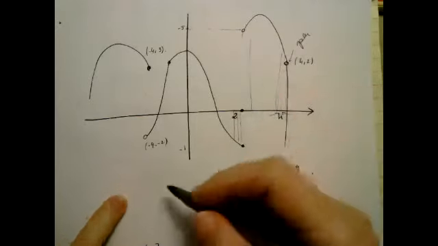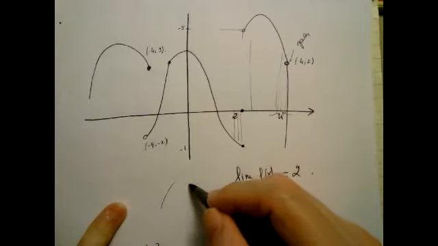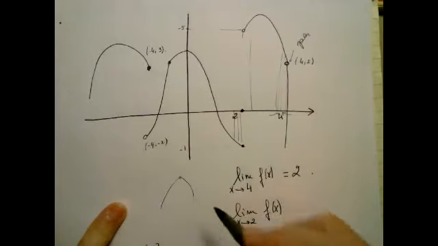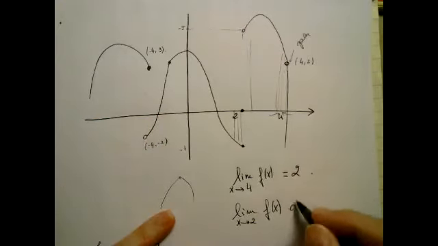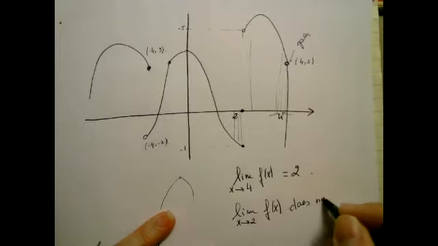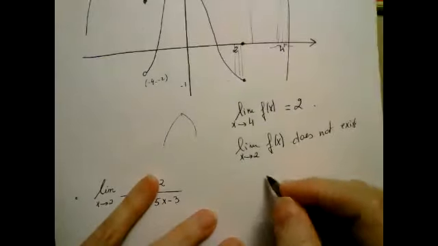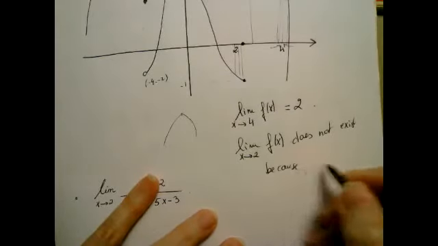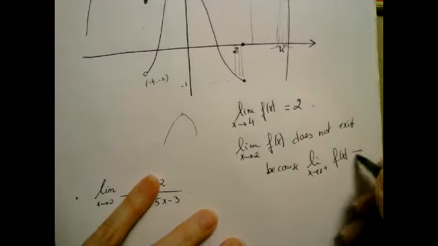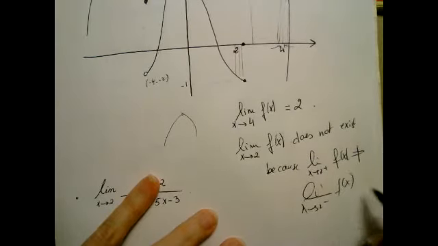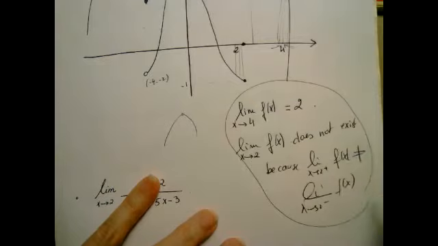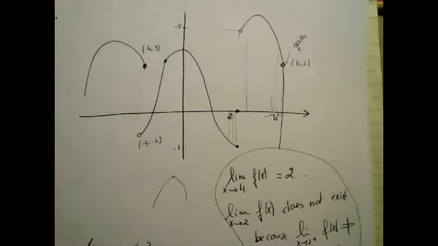So for the limit to exist, the output has to become close to the same value at the point. They have, in a way, to meet. So this does not exist, because the limit from the left is different from the limit from the right. And that's crucial. So these are the two graphical questions that you guys had difficulties with.